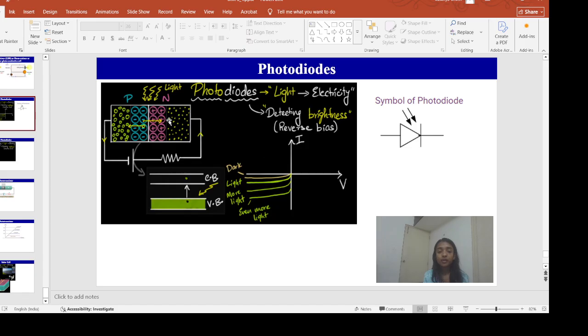So they almost immediately get swept away by the electric field, and as a result we get the photocurrent flowing through the device. And in this photodiode structure, the photocurrent flowing through this circuit depends mostly on the light intensity incident on this depletion region rather than on this battery.